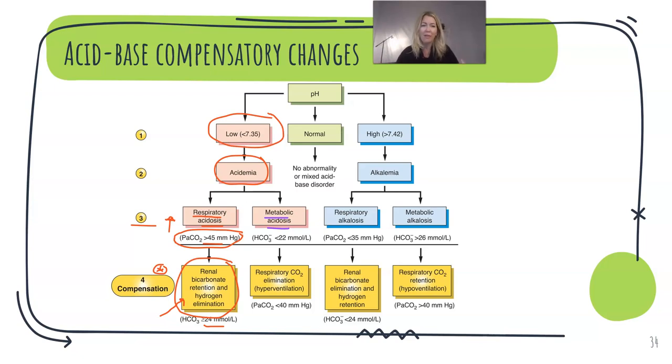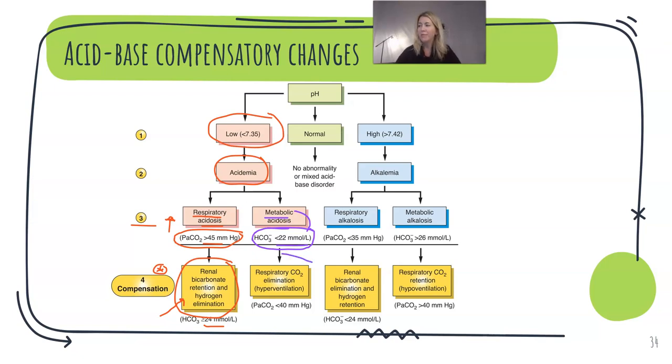We don't have enough of that alkaline substance, so they become acidotic. So what you're going to see is a low bicarb, because it's caused by the kidneys. Anything that's caused by the kidneys is metabolic. Anything caused by the lungs is respiratory. You're going to see a low bicarbonate because it's not neutralizing the acid.